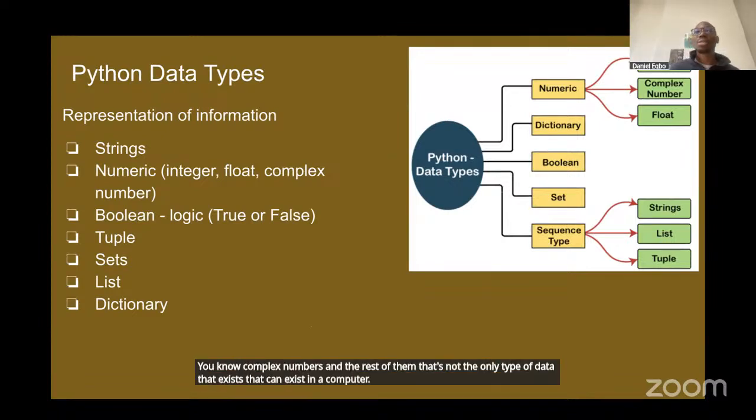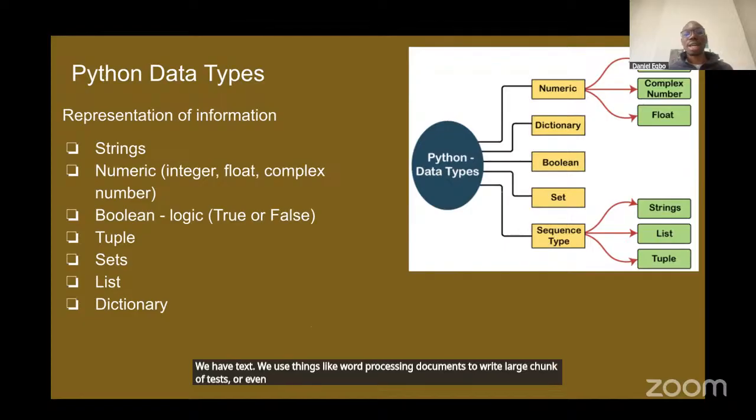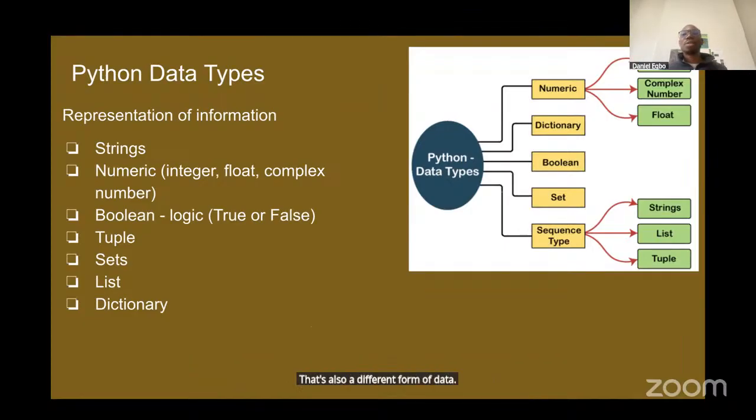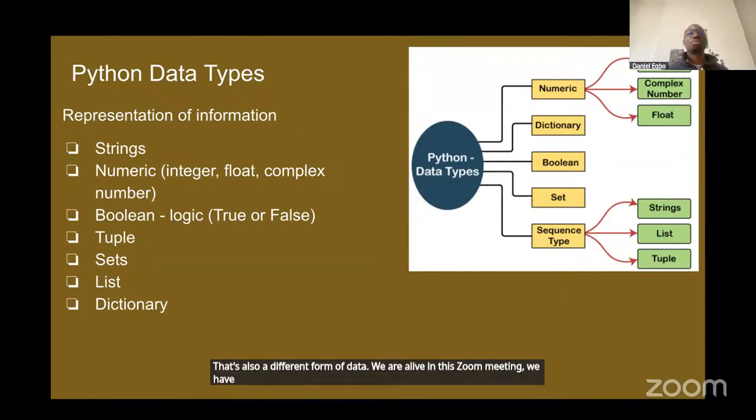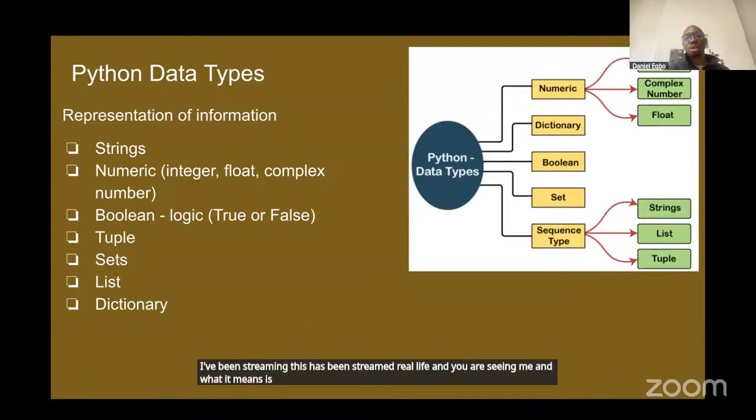We have text. We use things like word processing documents to write large chunks of text, or even this slide is all written in text. That's also a different form of data. We are live in this Zoom meeting, and information is being shared between you and me. This is being streamed live, and you are seeing me. It means there's a video exchange going through the internet and getting to you. That's also a form of data.